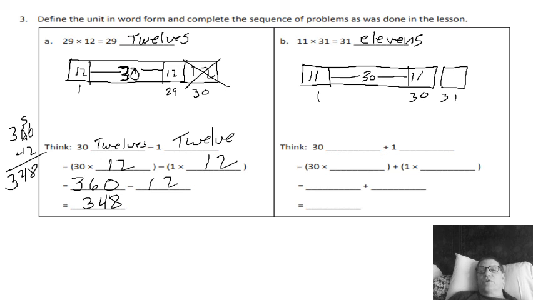Because that's what we're actually looking for, is 31 times 11. Well, 30 11s plus 1 11. So 30 times 11 and 1 times 11. Well, 3 times 11 is 33, times 10 is 330, and 1 times 11 is 11. So we're going to add them together, we get 341.